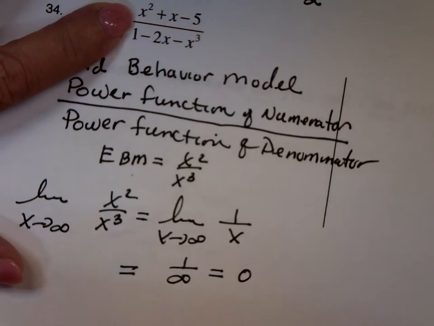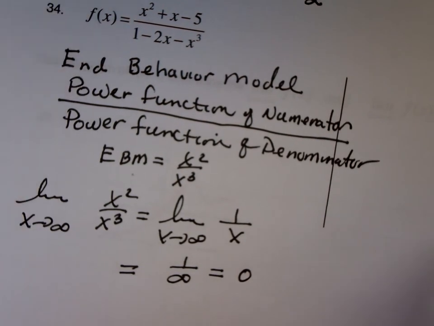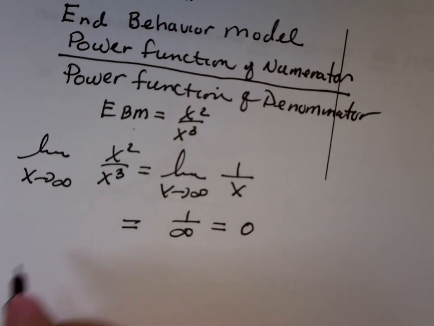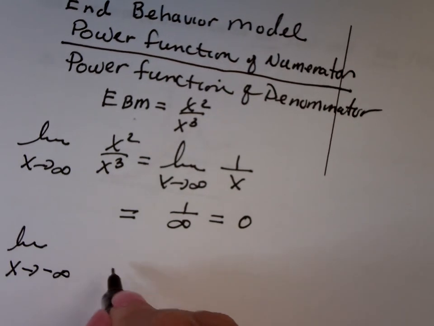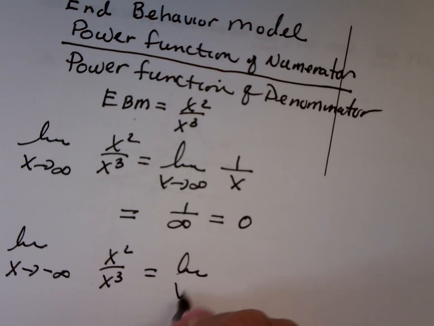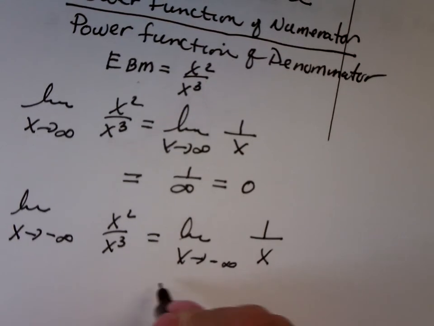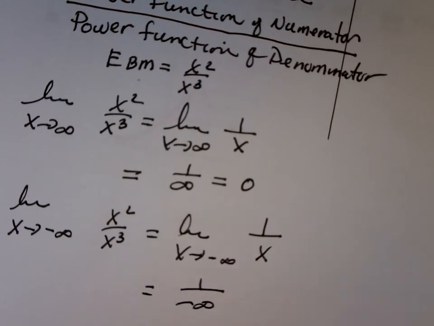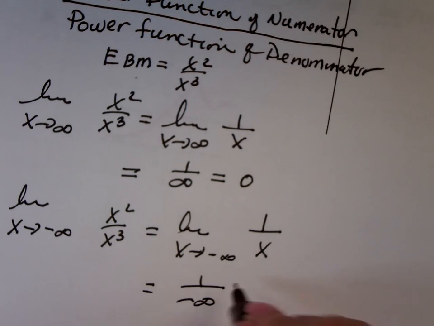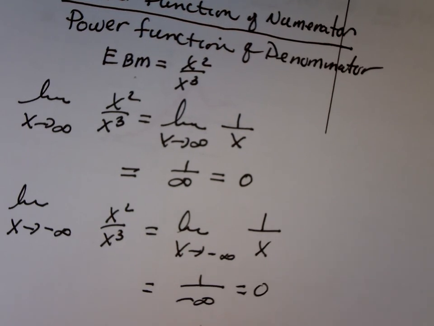That's all going to 0. Well, we'll take a look at that. And if I take the limit as x goes to negative infinity of x squared over x cubed, it's the limit of 1 over x, which is 1 over negative infinity, and that is 0. So it has an HA of 0.